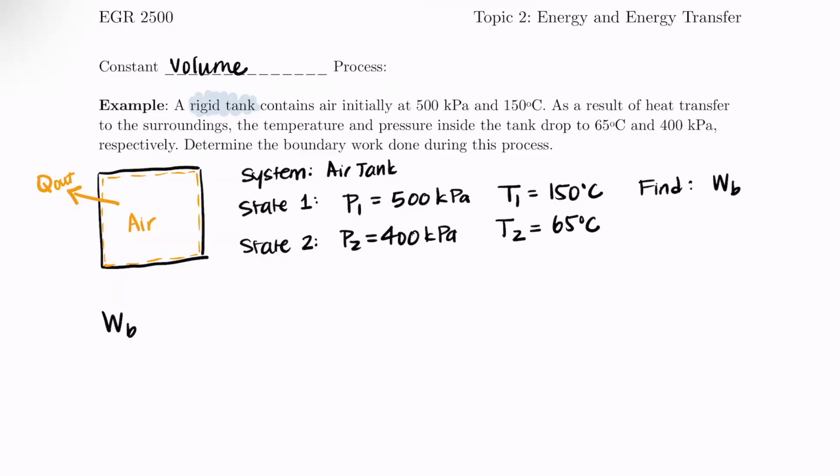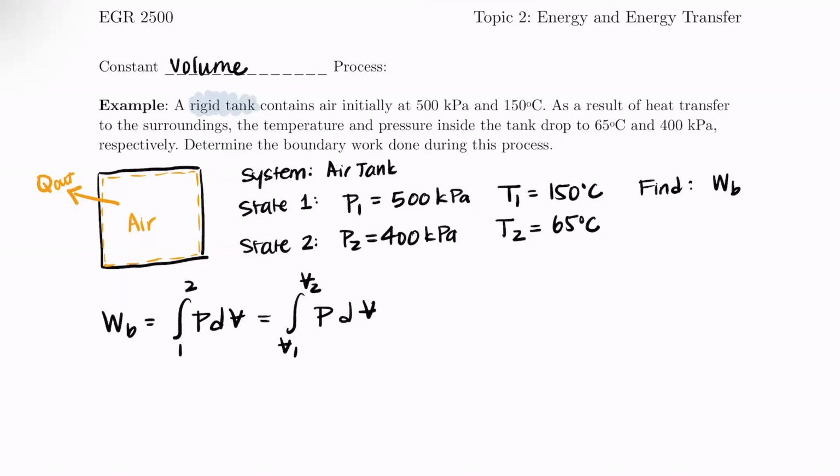Okay, so we know that WB is the integral from state 1 to state 2 of P dV, which can also be written as the integral from volume 1 to volume 2, pressure dV.